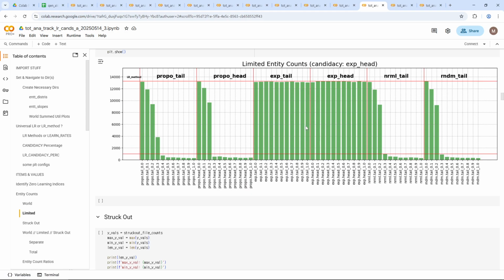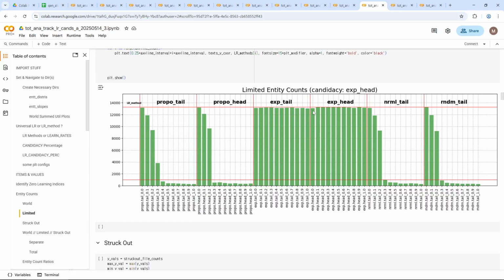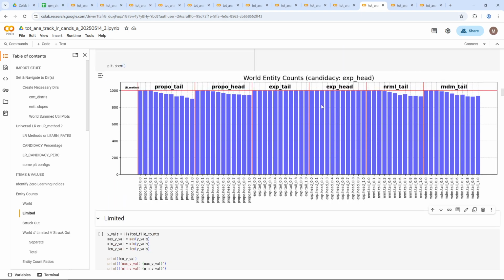I see. Exponential head. Same. Oh, see, there are still some things being limited, well, being struck out, I mean, but then again, the population for the final world still doesn't change when we use exponential.